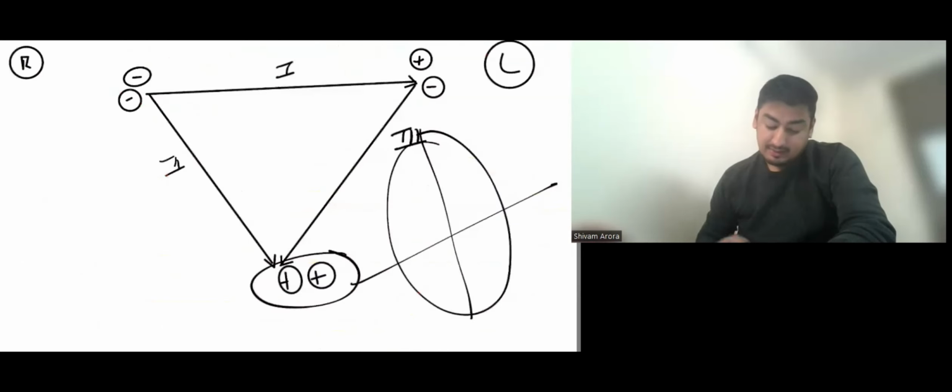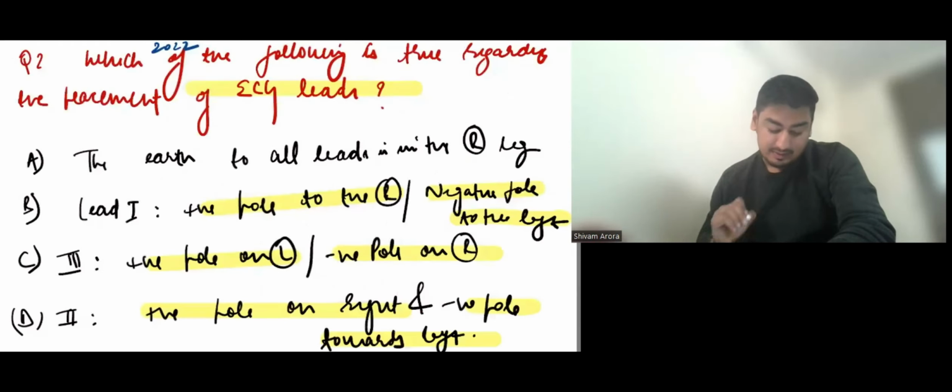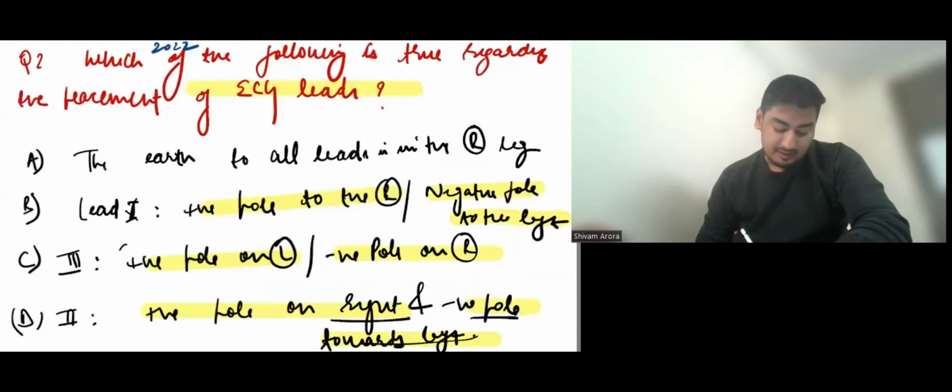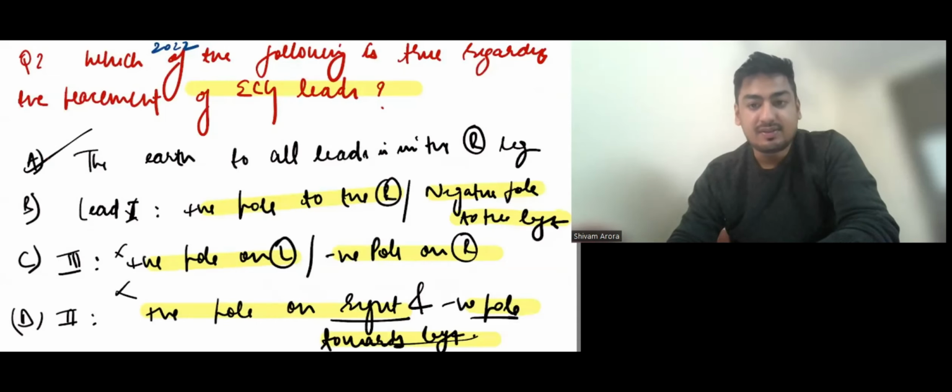So this is lead 3, and the negative pole is on the left and the positive pole is also on the left side. So this is wrong. Lead 2, positive pole on right and negative pole towards left. So this is lead 2, negative pole on right and positive pole towards left. So all these three are wrong. So definitely this one is left, so this is the correct answer.